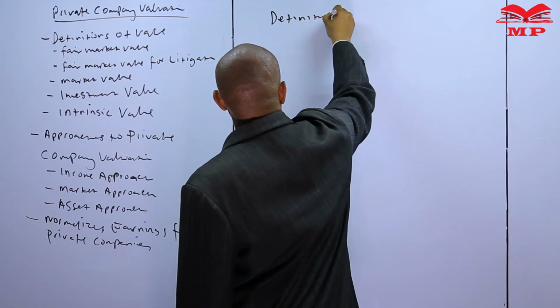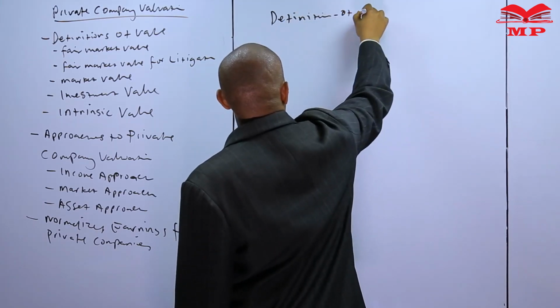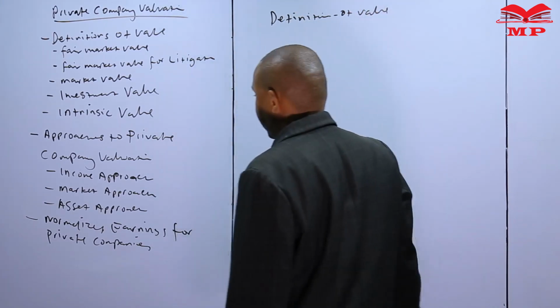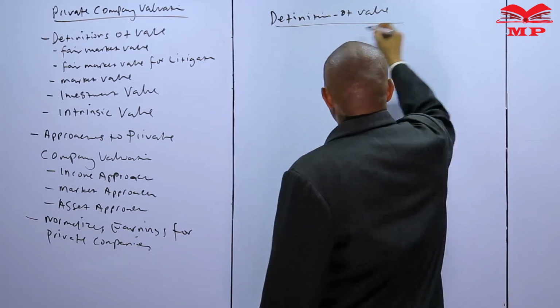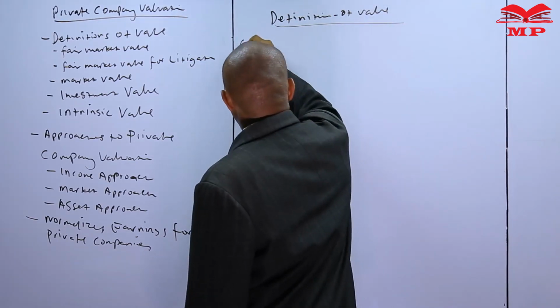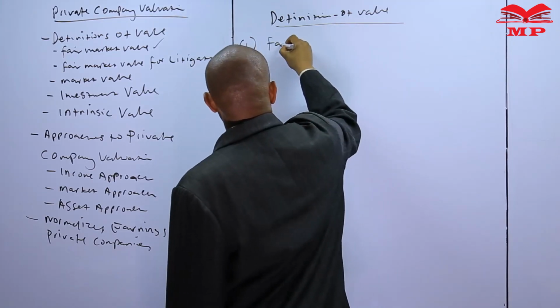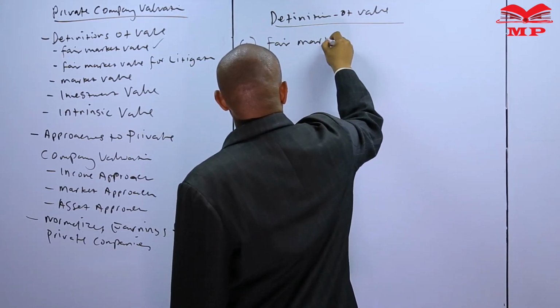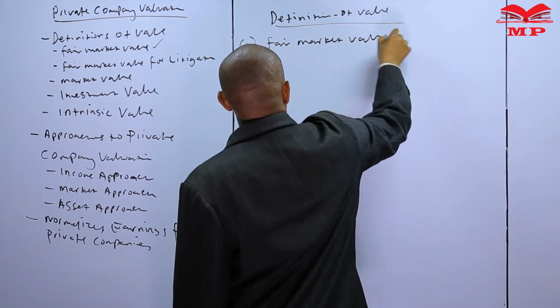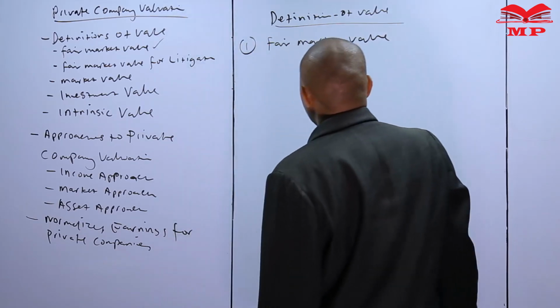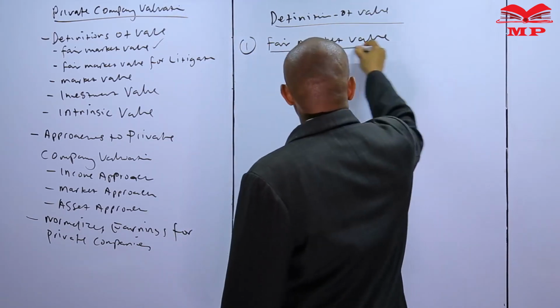Definitions of value. The first component is the fair market value.